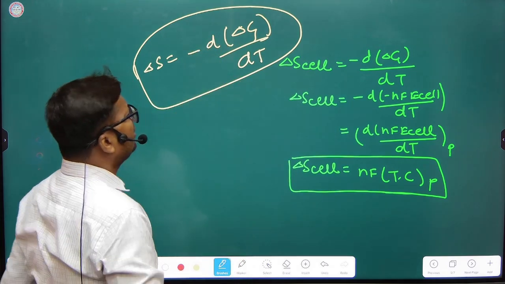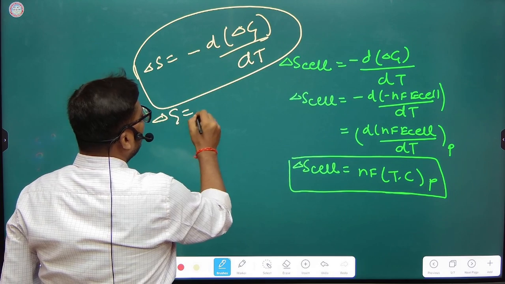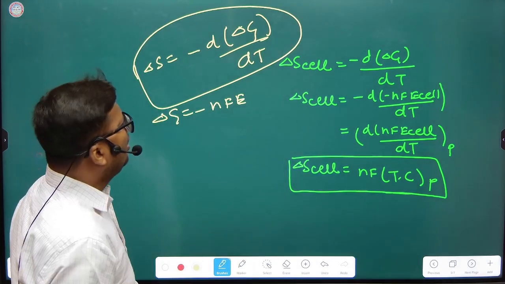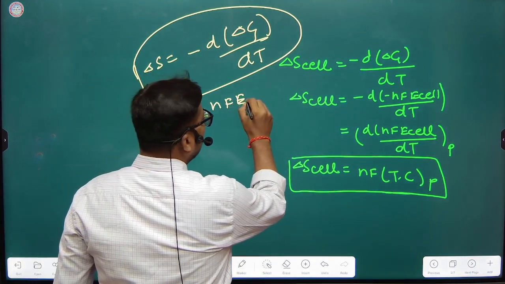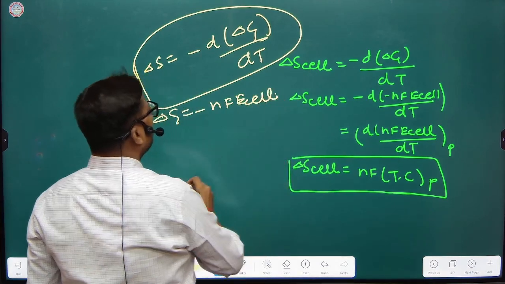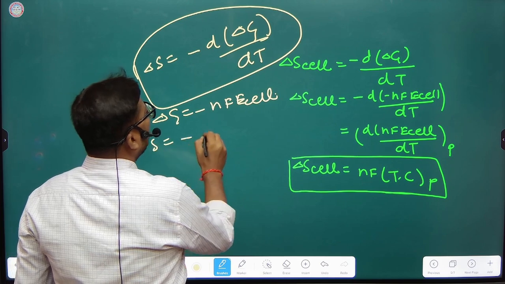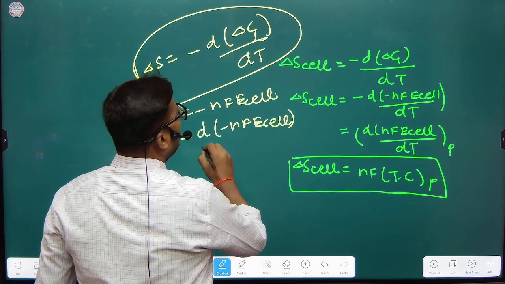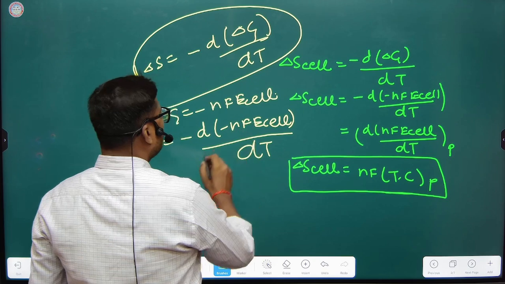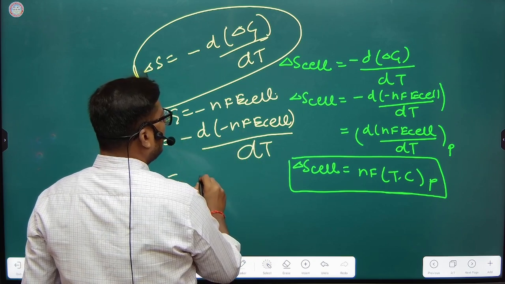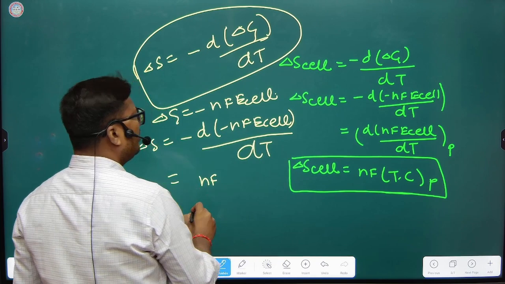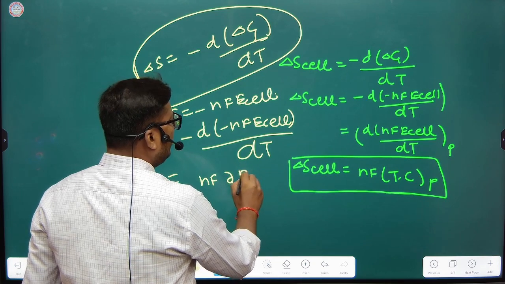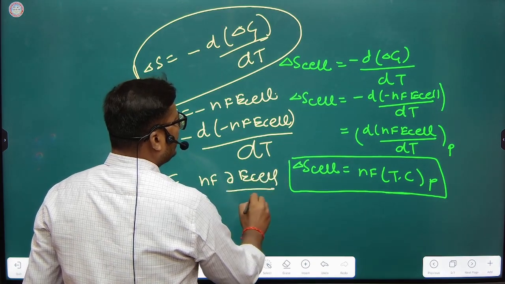Now you know that delta G is equal to minus nFE, so if there is a cell reaction, then E cell, right? So delta S is minus d of minus nF E cell upon dT, right? So minus minus is positive, and nF is constant, it can be taken out, and so dE cell upon dT.